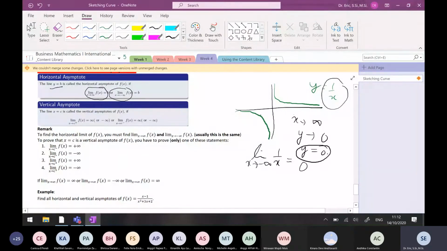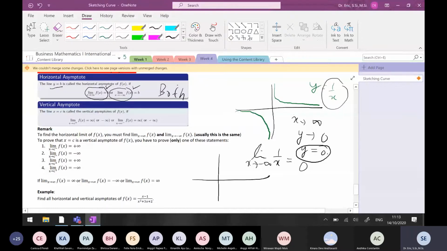The graph is given by this, going to the height of 0. So when you calculate the horizontal asymptote, you have to check when x goes to infinity and when x goes to minus infinity. You have to check both of them. But what is the vertical asymptote?